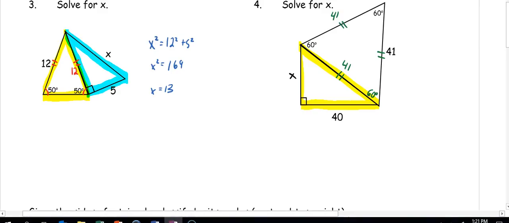So to find that side, I'm going to do Pythagorean theorem with 41 by itself. So we have 41 squared equals x squared plus 40 squared. 1,681 is equal to x squared plus 1,600. We can subtract 1,600 from both sides. So 81 equals x squared. Take the square root, so x is 9.